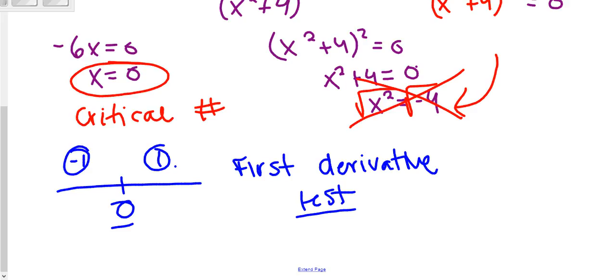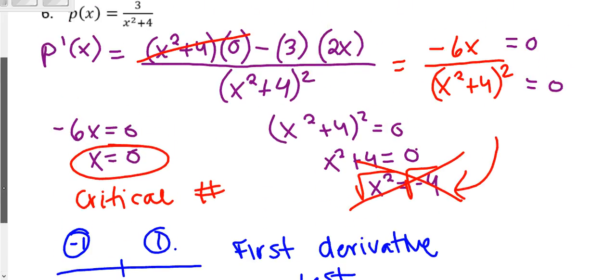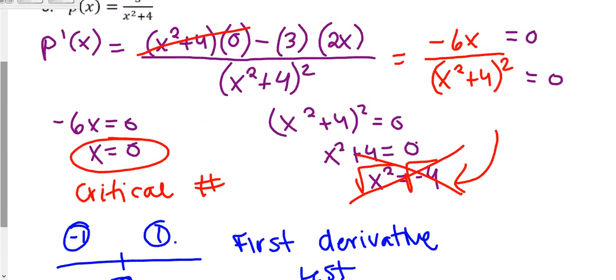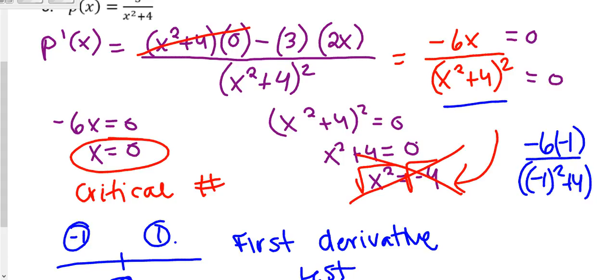So let's plug negative 1 and 1 into our derivative. If we look here, we have negative 6x over x squared plus 4 squared. And we're plugging in negative 1. So negative 1 would give us negative 6 times negative 1 over negative 1 squared plus 4 all squared.